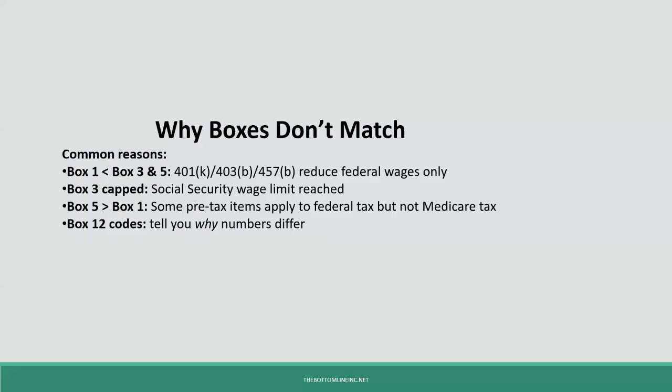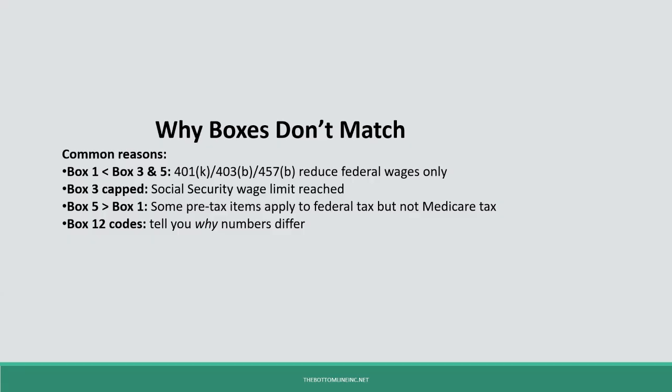So again, we want to know, why don't the boxes match? Box 1 is less than boxes 3 and 5, usually because of retirement plans. Box 3 is capped, because Social Security wage limits have been reached.